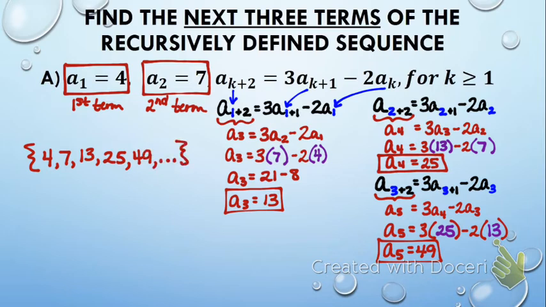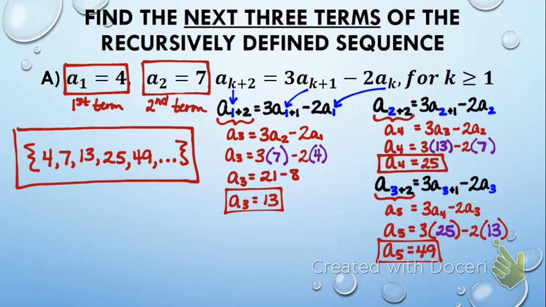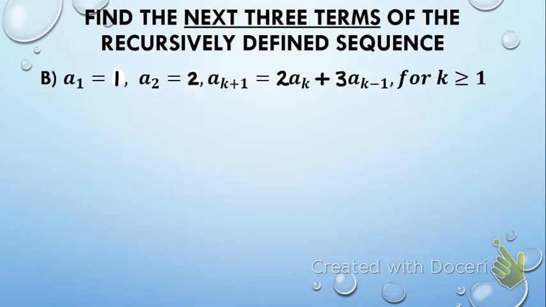So far, so good? Let's do one more like this. Should I put 1 in the place of k?